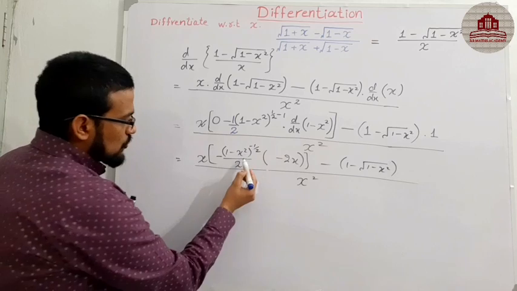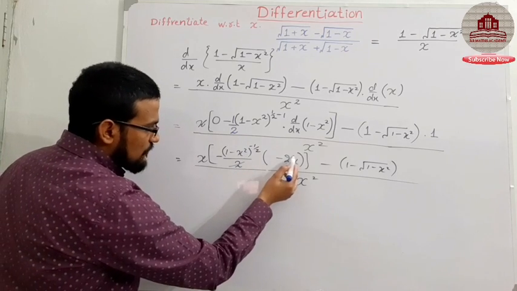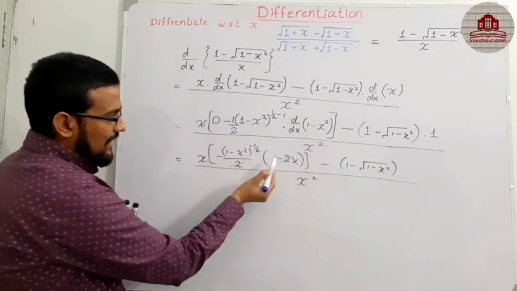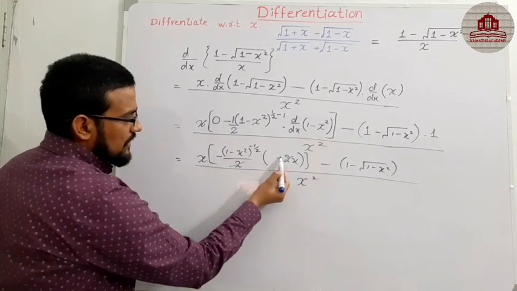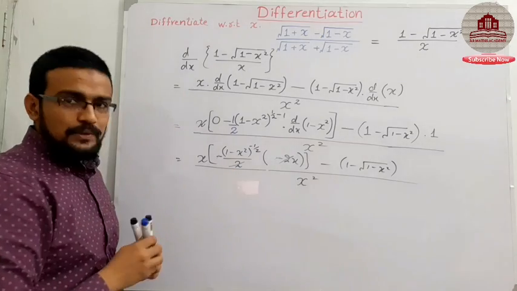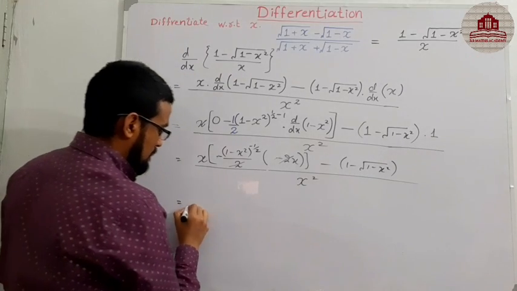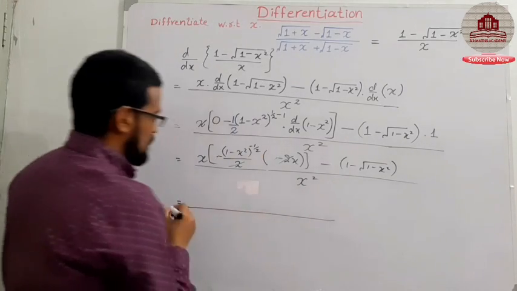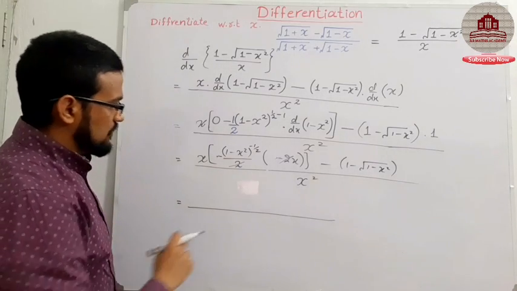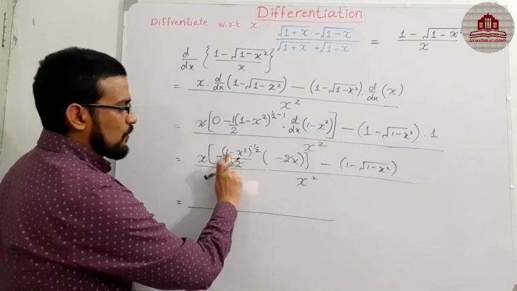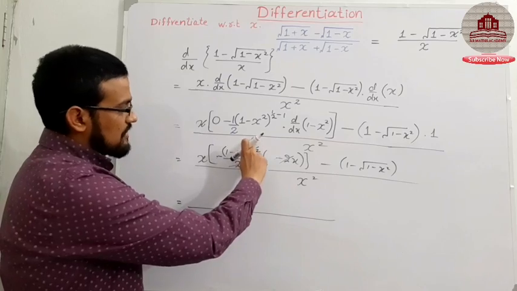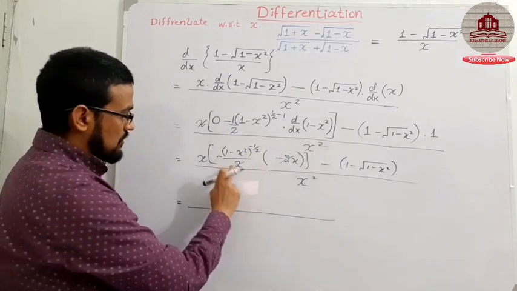It means 2 cancels with this 2, and negative means it becomes a plus, a positive sign. So what is the remaining term? X, 1 minus x square to the power minus 1 by 2.